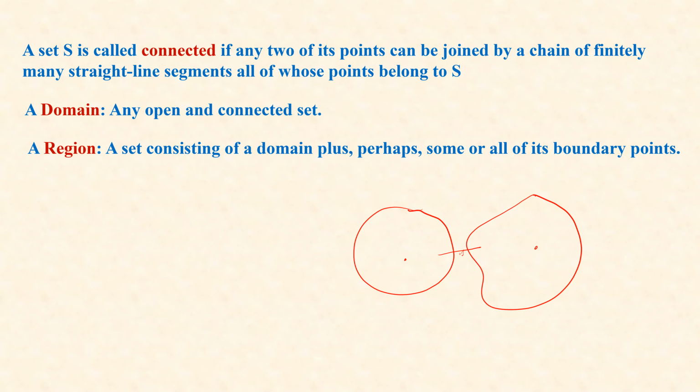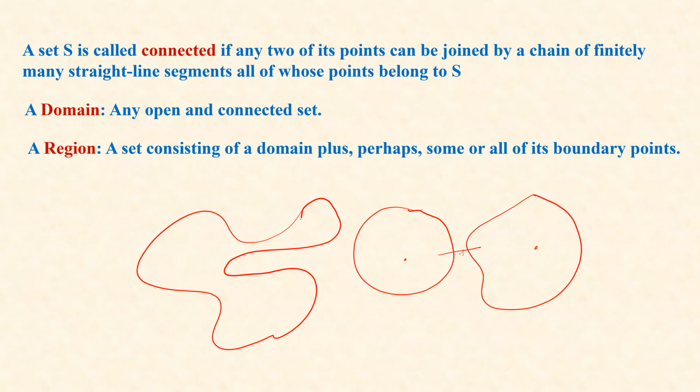But if it's connected, no matter what shape it has, then from any point to another you can go in this way, passing only points that are inside the set. And a domain is any open and connected set, and a region is a set consisting of a domain plus perhaps some or all of its boundary points.